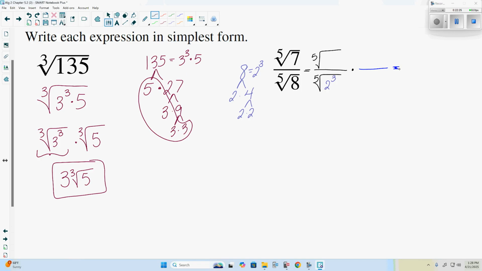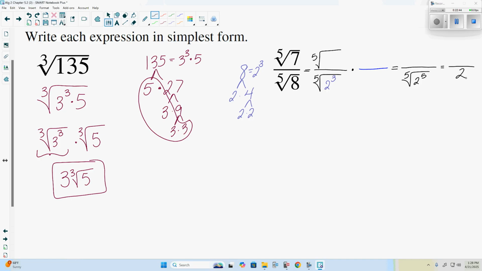Our goal would be to multiply this by something so that what's on the bottom becomes the 5th root of 2 to the 5th.